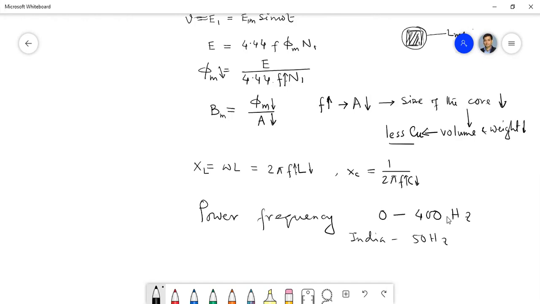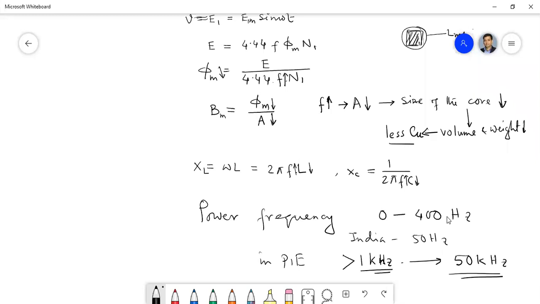But in power electronics we use more than 1 kilohertz, sometimes up to 50 kilohertz.